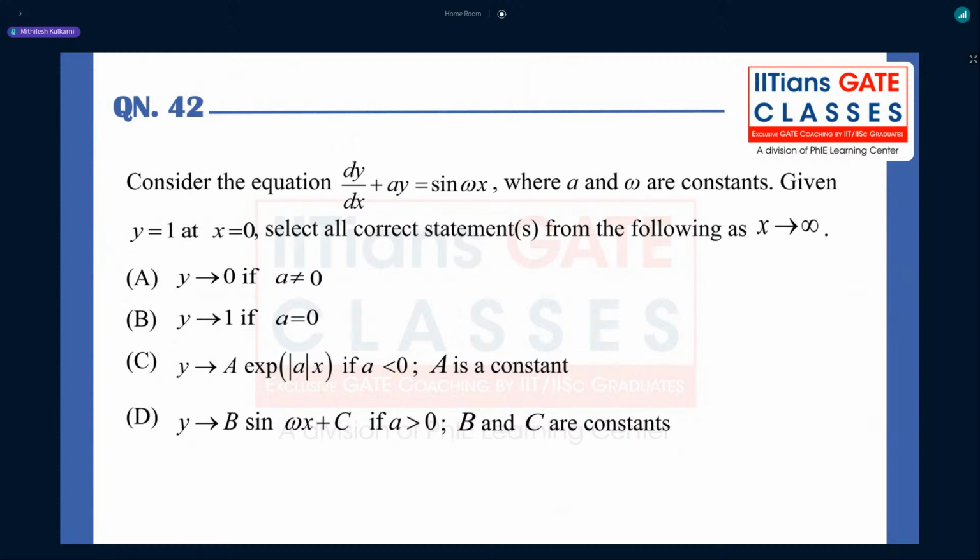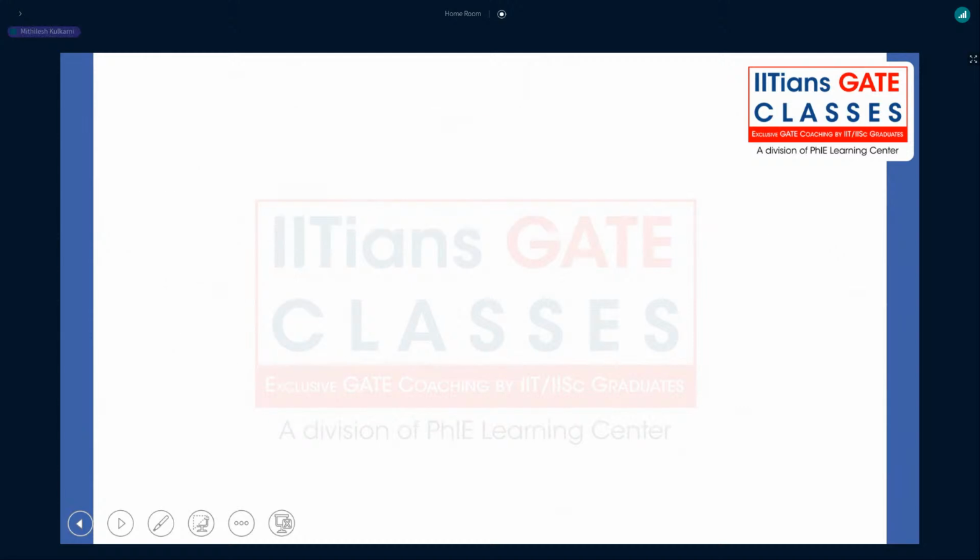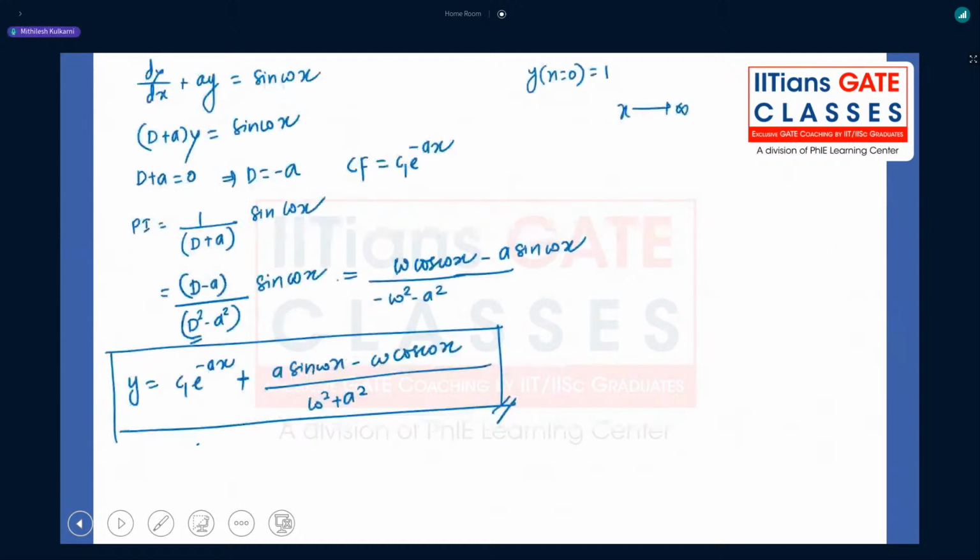So let's try to put A is equal to 0 in this case, and then we'll get an idea about what will happen if A is non-zero. So I'm considering the case that A is equal to 0 and x is tending to infinity.